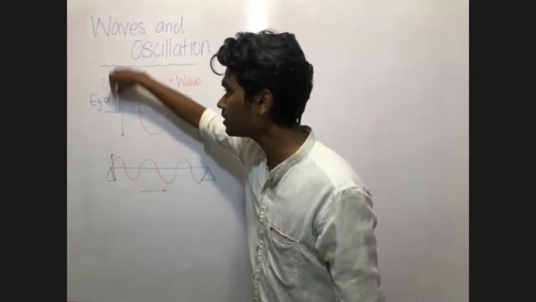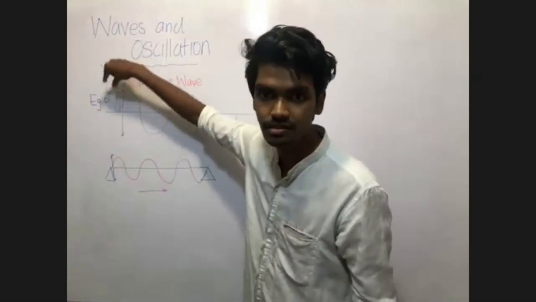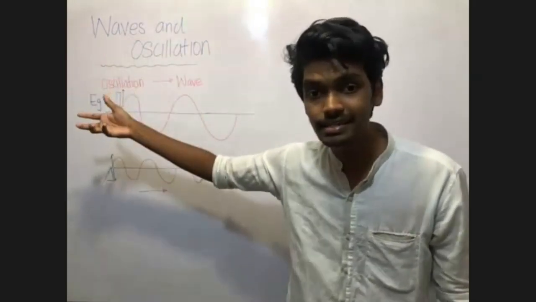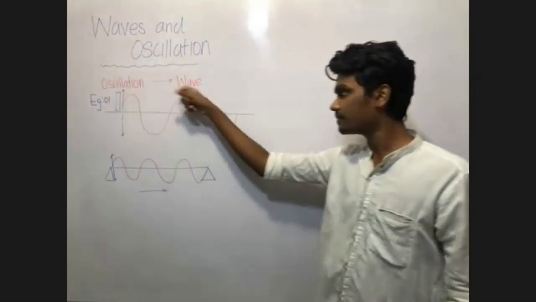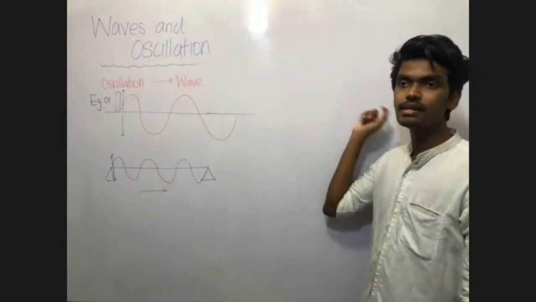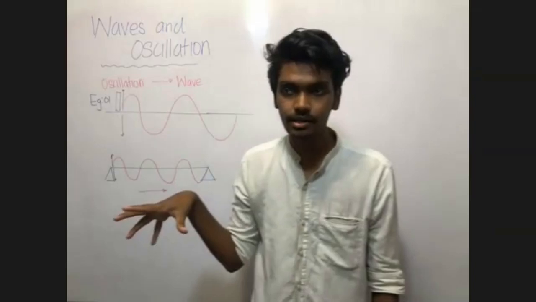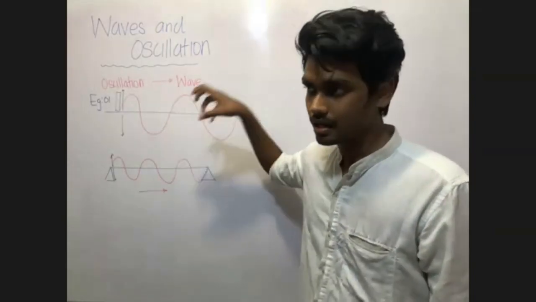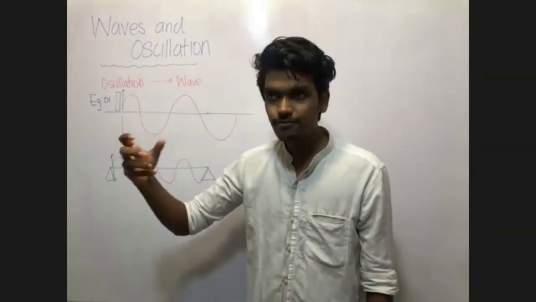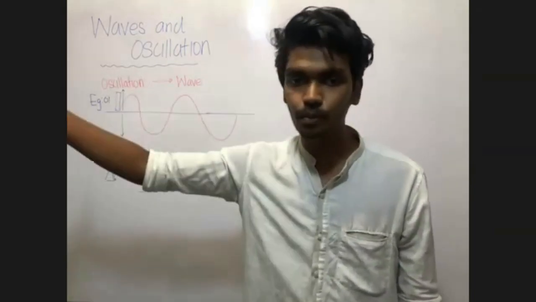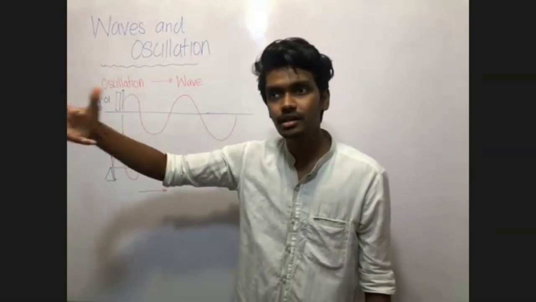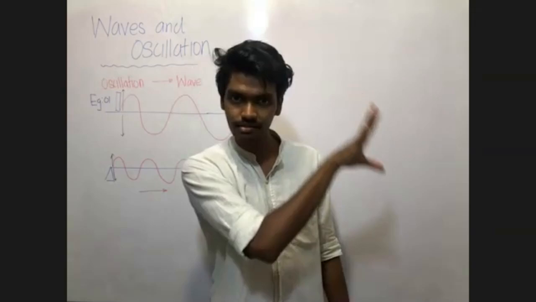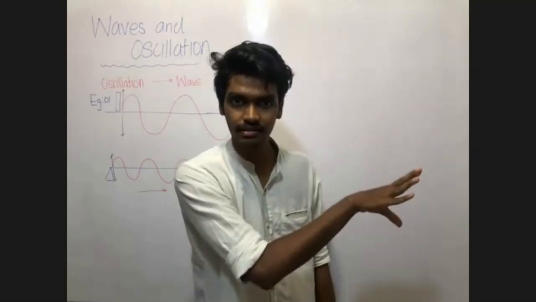So by using the rod, you are oscillating the water surface. When you oscillate the water surface, a water wave starts to generate. What you need to understand from this is that for a wave to generate and propagate in a certain direction, there should be an oscillation done in a certain place. You need to oscillate.